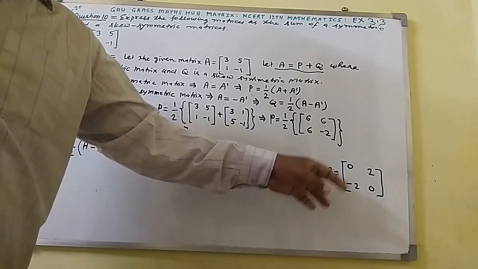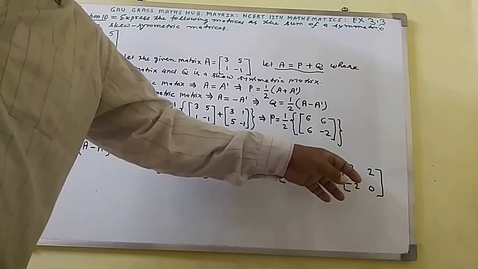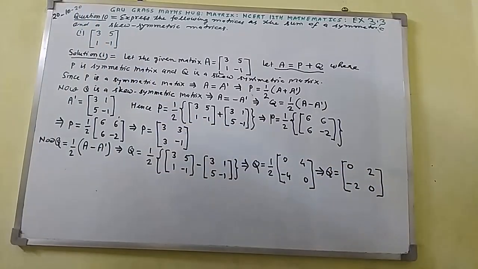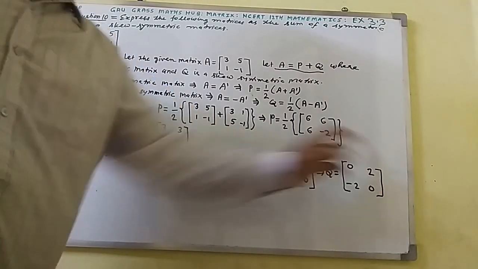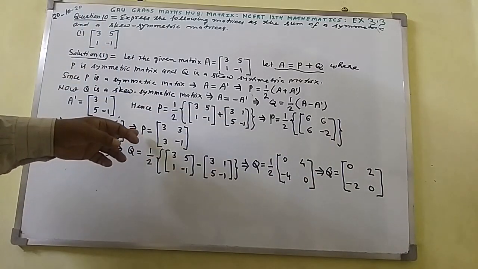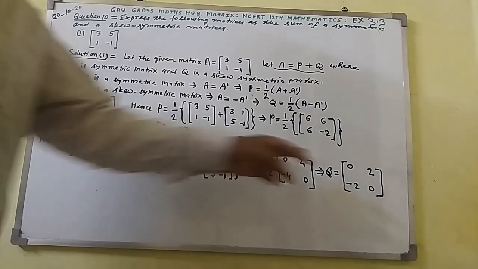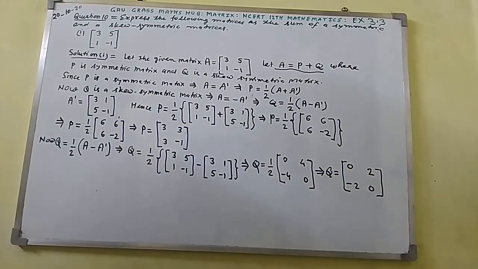So here you have got a matrix Q equal to opening square bracket, the elements of the first row I have written 0, 2, the elements of the second row I have written minus 2, 0, closing square bracket. Now we have the value of matrix P and the value of matrix Q. Both will be added together.